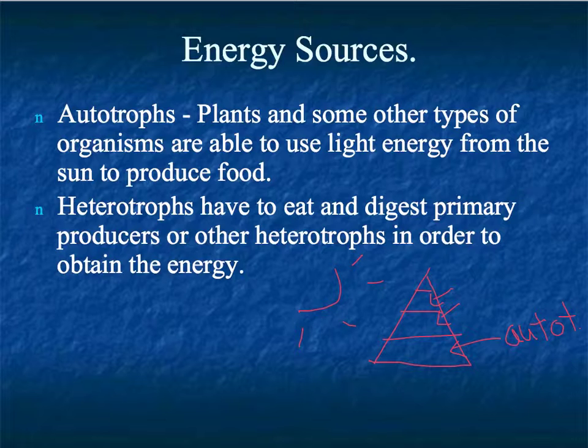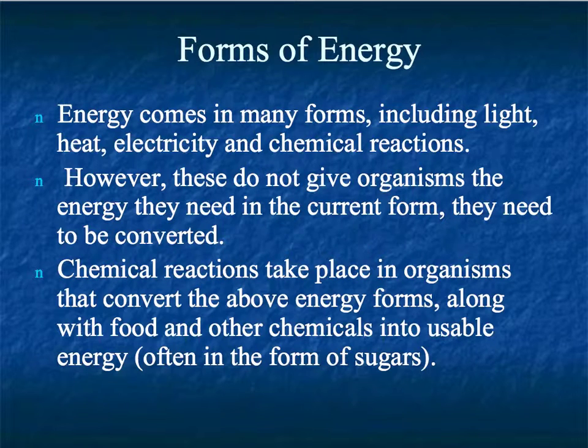They're not going to use the sun. They have to eat other organisms. So we know that we can get some energy from the sun, but that doesn't really explain how we as humans get our energy, because we're not going to absorb the sun and magically get energy.